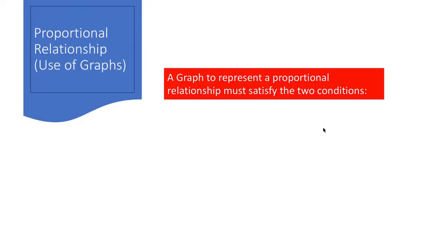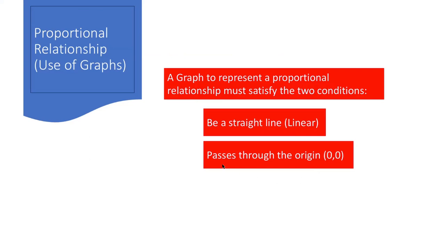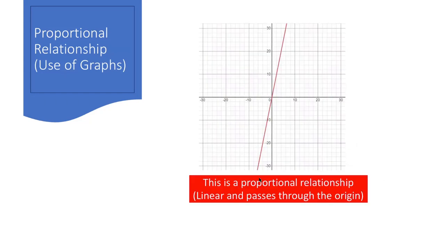Now, proportional relationships using graphs. Pay attention to this. A graph that represents a proportional relationship must satisfy two conditions. First, it should be a straight line, linear. Second, it should pass through the origin, meaning the point (0, 0) is on the line. Here's an example of a graph that represents a proportional relationship.